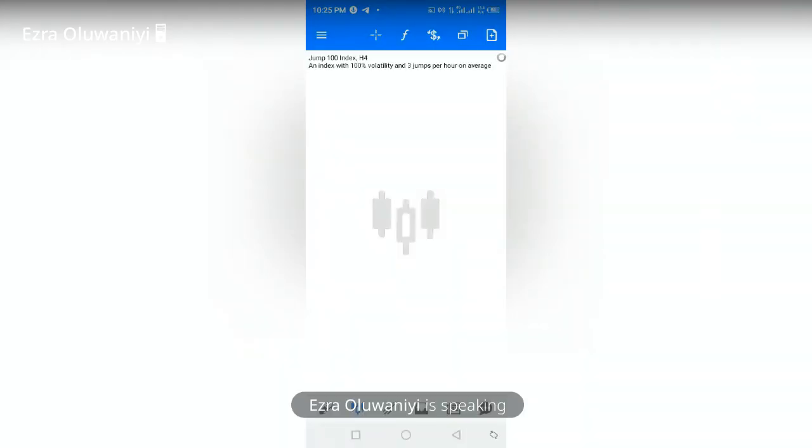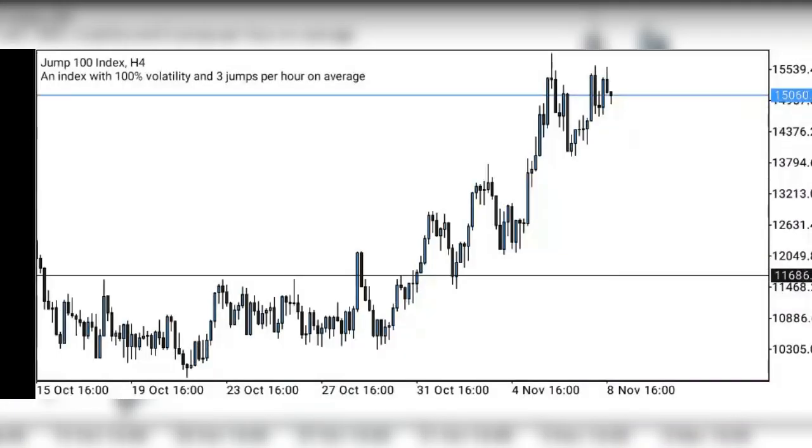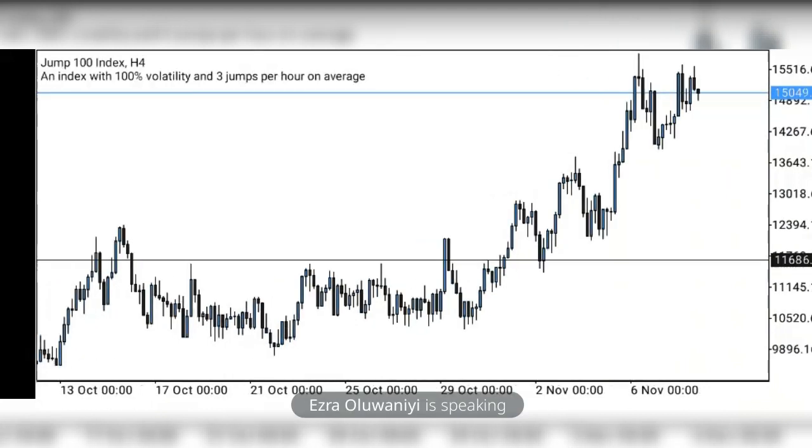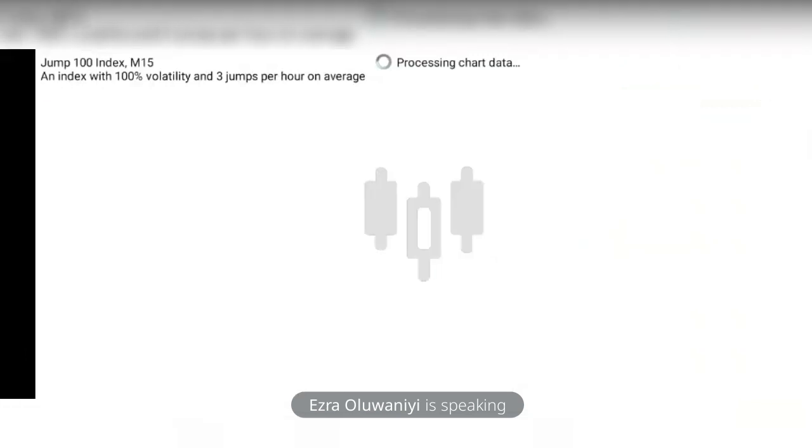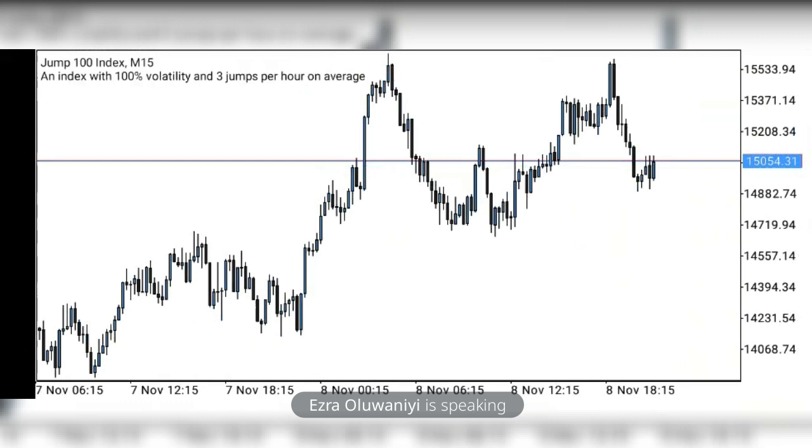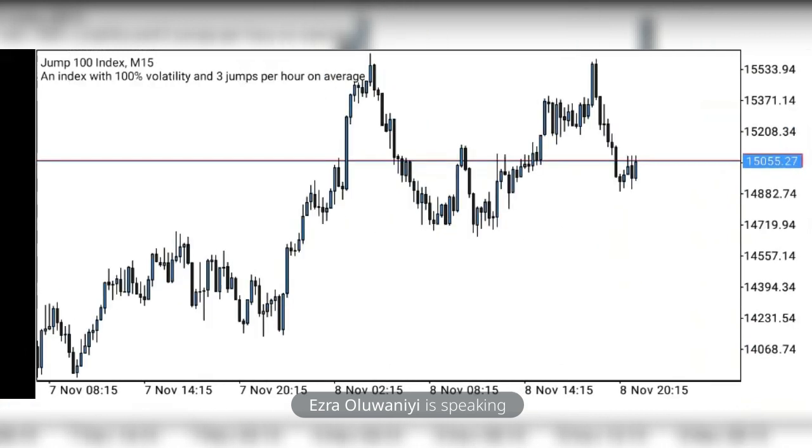Hope you can see my screen, right? Yes. All right, so let me check on a lower time frame. Let me see whether there's a good sell entry around here. It has played, Jerry.